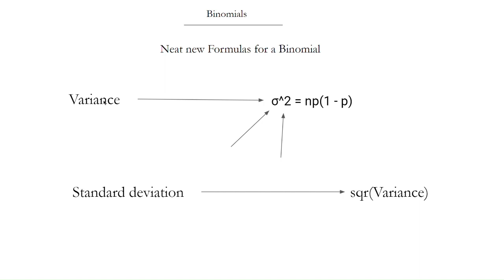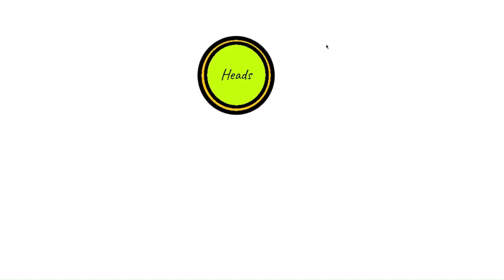If you want to know more about standard deviation, I've made a video about it already. I'll put that in the description too. But standard deviation shows the spread and variance shows the spread. The only difference is that standard deviation shows it in the same units. So let's say you talk about centimeters, the standard deviation shows the difference in centimeters. Let me take an example. Let's take the heads example again, and let's put the n and p on top over here.